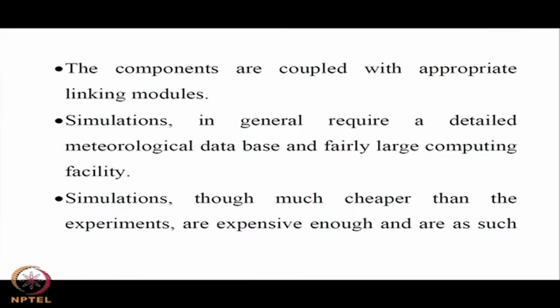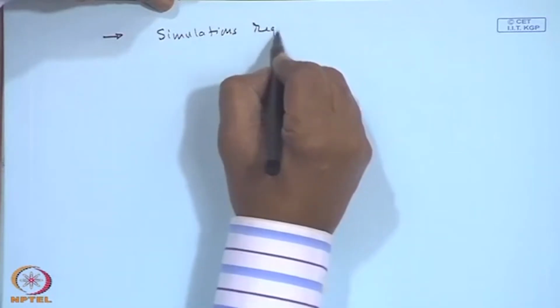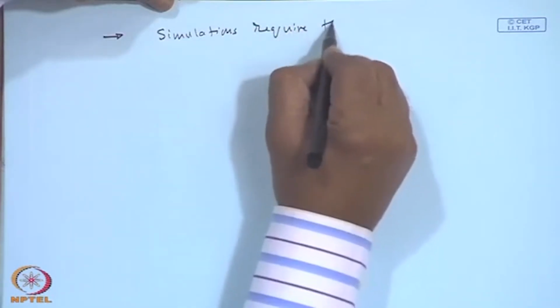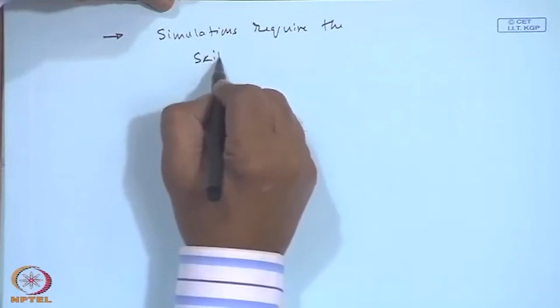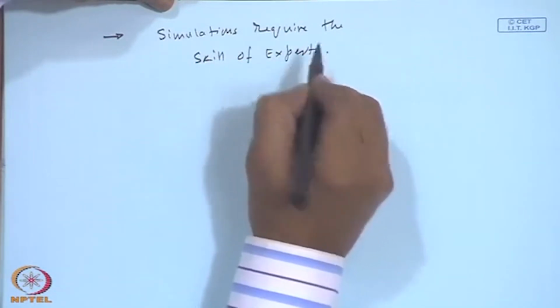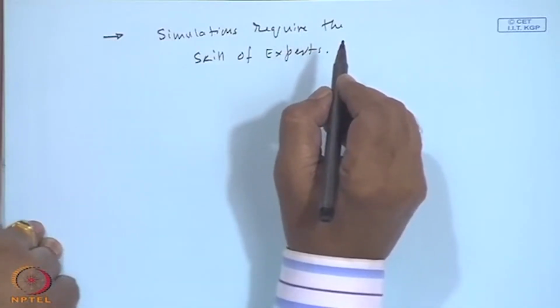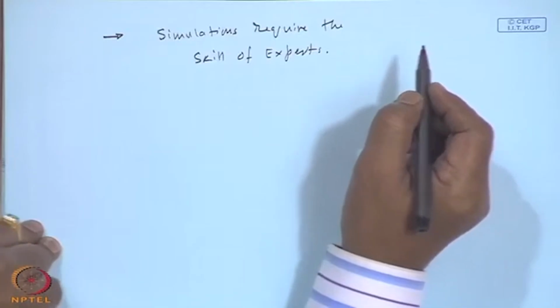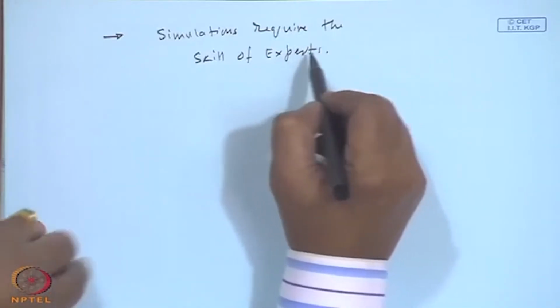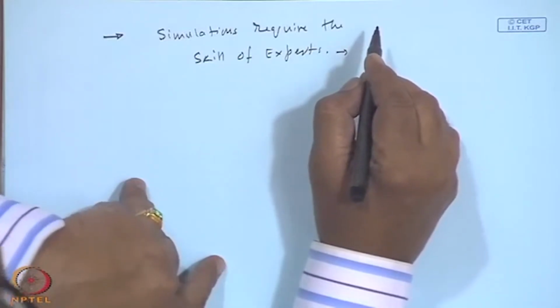So, once again we may have to also say that simulations require the skill of experts. So, the person should be knowledgeable in the area of solar energy and of course, in how to run the computer simulations.